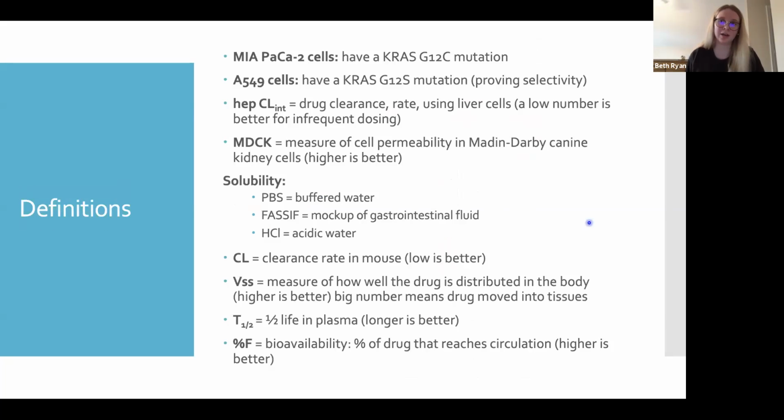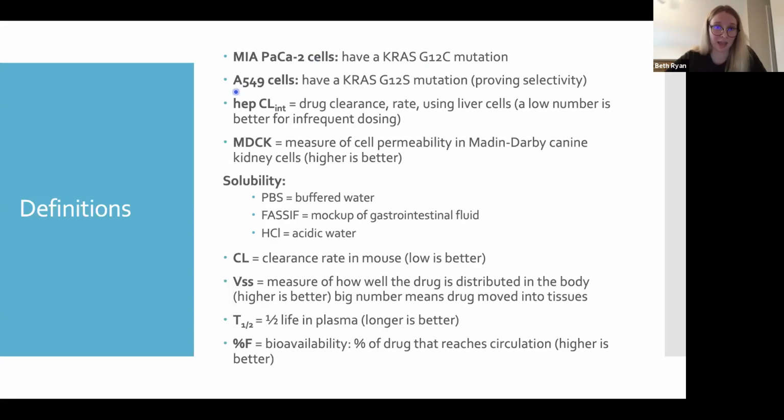So before we go into the rest of the table, I think there's another 7 columns. There are a few pharmacokinetic terms that I learned. So I don't know how to pronounce this, so I'm going to call it the MIA-PACA2 cells. So they're just regular cells that have a KRAS G12C mutation. So they're kind of used as a baseline to see if these compounds actually target that particular mutant RAS.